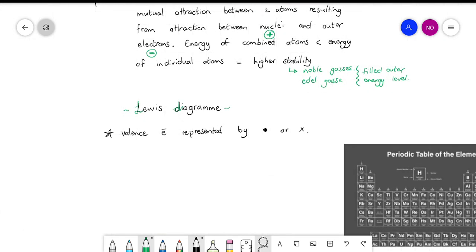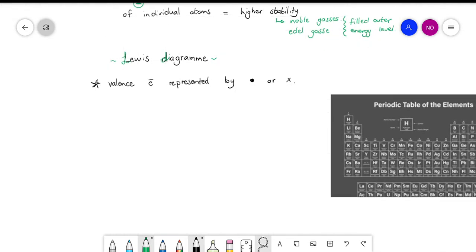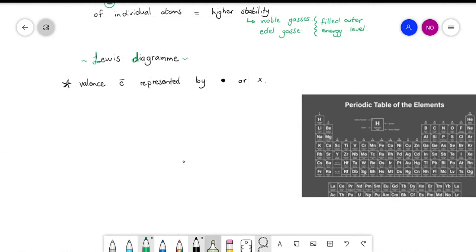Okay, dan gaan ons vinnig praat oor Lewis diagramme. And you guys are going to do a lot more of these in grade 11, but we just need to understand the basics of it. So for a Lewis diagram, we only look at the valence electrons, want onthou dis net die valensie elektrone wat gaan deelneem aan die verbinding. So let's say we are looking at these molecules.